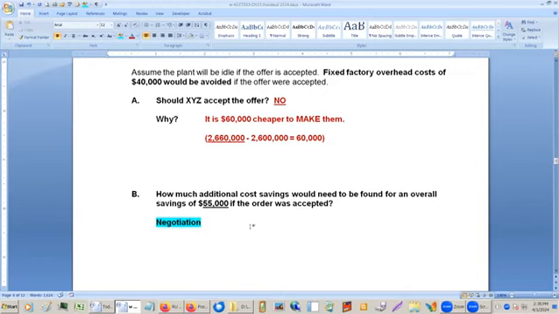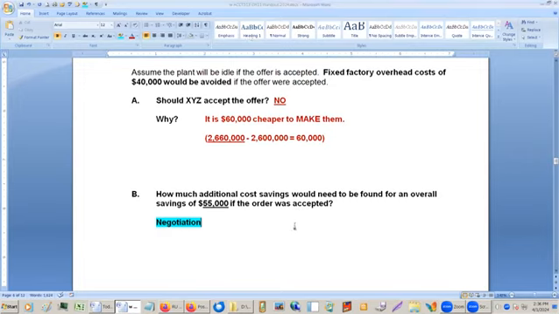So in total dollars, how much would we have to come up with to make this worthwhile? Again, buying them right now from them would be $60,000 worse off. So what would it take to make the buy $55,000 better? How much in total?